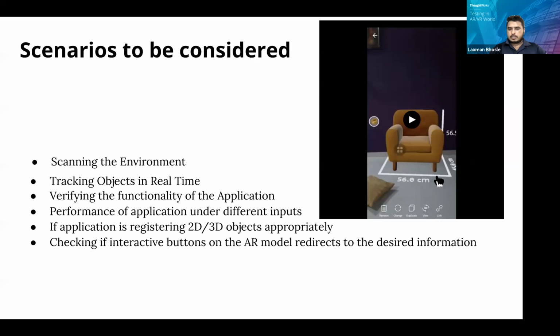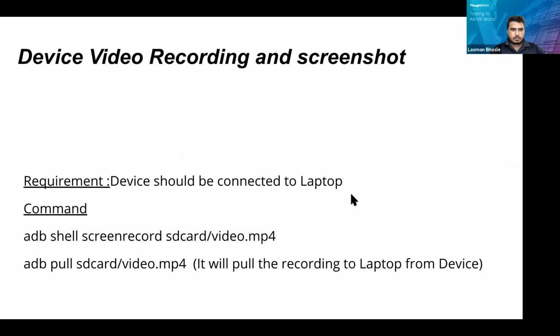If you take an example here, this is the link button. If you click on this link, the link should be created and that link should be shareable to another user also. Now the scenarios may be different, but these are the common scenarios in any AR app.